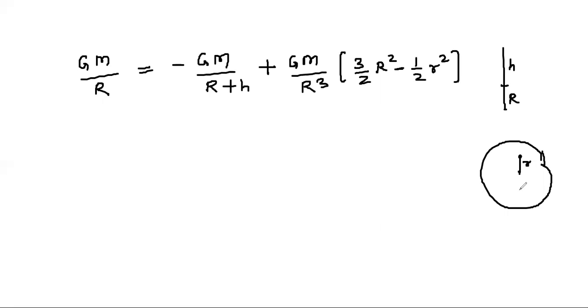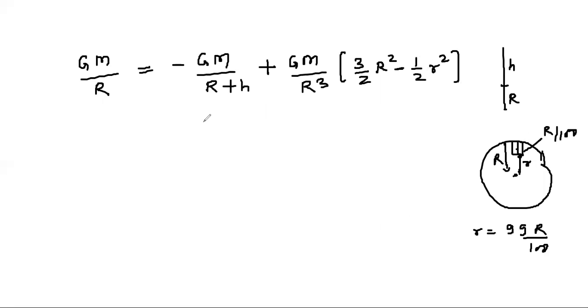In our question, this distance from here, from the surface to this point, is given as R by 100, and this total distance is R. So this small r will be 99 R by 100. So we can put the value of small r.